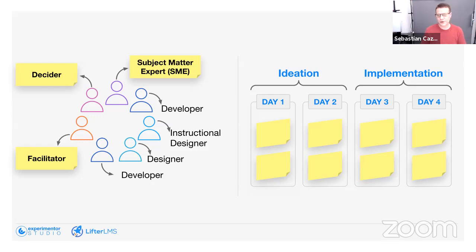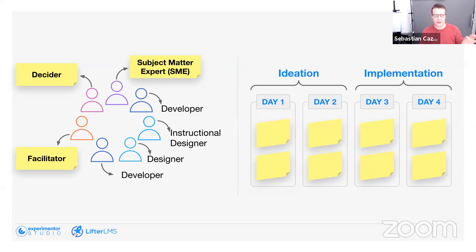You can have 2 or 3 developers, or let's say 8 developers, but you cannot do a sprint without having a decider or an expert who is providing the knowledge related to the topic, not to mention the facilitator. Also, please bear in mind that usually decider and subject matter expert are the same person, especially in very small teams.